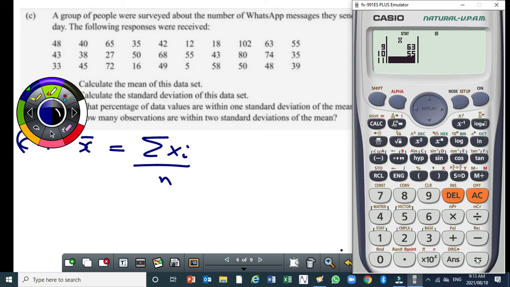You press AC when you are done putting the values. So 55, then 43, then 38. Can you please do me a favor? My microphone is on. Hey, can you stop it? Minimize and mess that off.